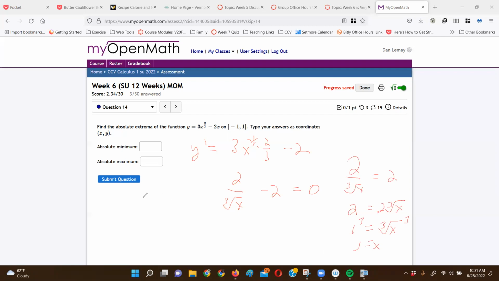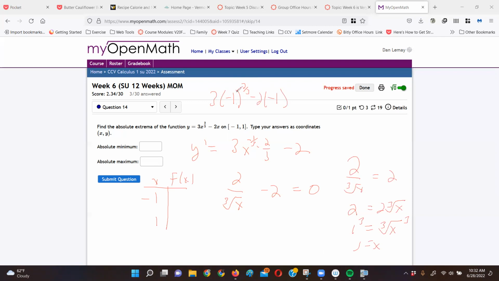So all I've got to do is test negative 1, 1 in the original function. Well, at least it's going to be easy calculating. If I square a negative, it turns positive. So right, I'm doing 3 times negative 1 to the 2/3 minus 2 times negative 1, right?